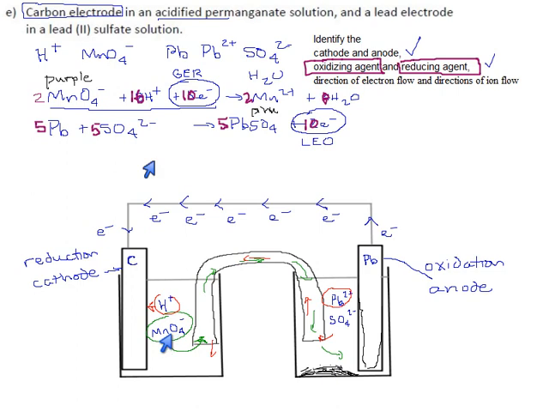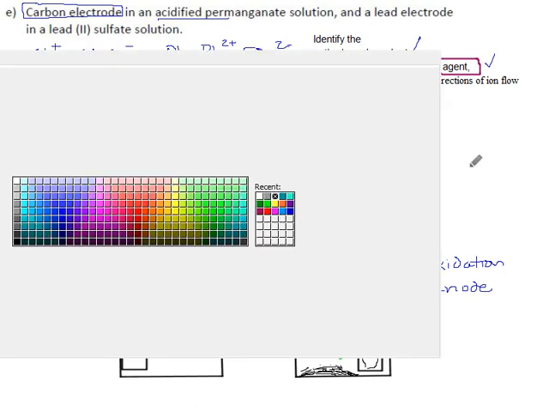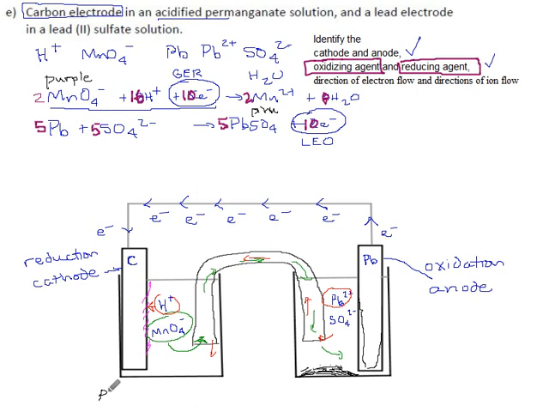It'll be purple colored. As the reaction goes, the purple color will fade, and you'll see a pink color coming off of the electrode as more manganese ions form. So on the left, we would see all kinds of colors, purple fading and pink getting stronger.